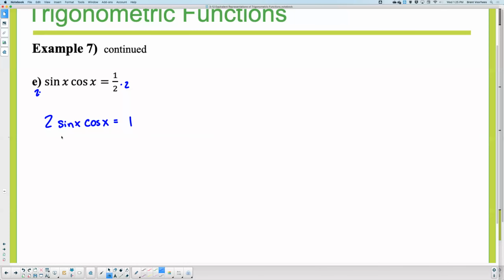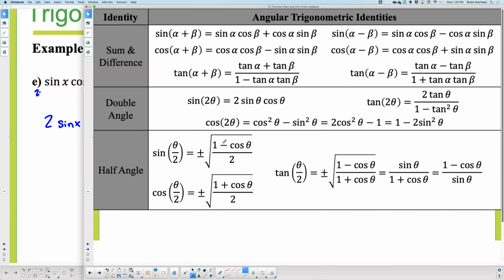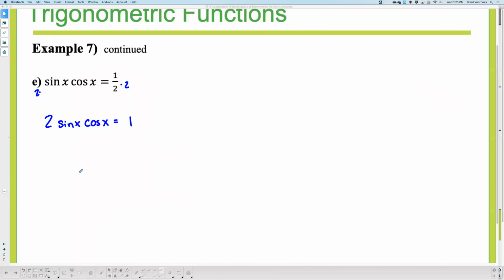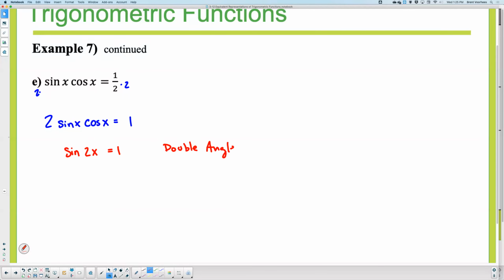So according to the formula chart, let's go back to that identity. Sine 2 theta is equal to 2 sine cosine. So that's what that's going to be equal to. That right there equals sine 2 theta. In this case, instead of 2 theta, I'm going to say sine 2x. That is the double angle identity.